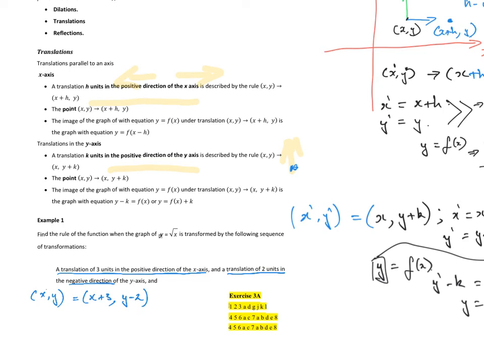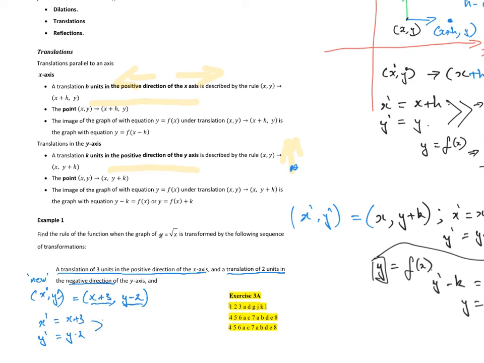So just to make a little bit more sense, the new x value, so the dash just implies new, is equal to the old x value plus 3. The new y value is equal to the old y value minus 2. So I get x dashed is equal to x plus 3, y dashed is equal to y minus 2.